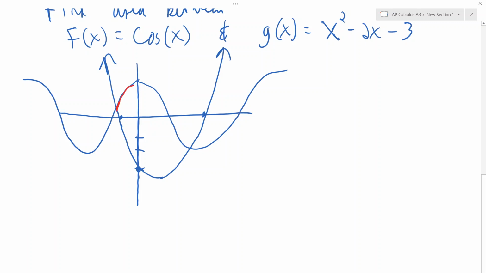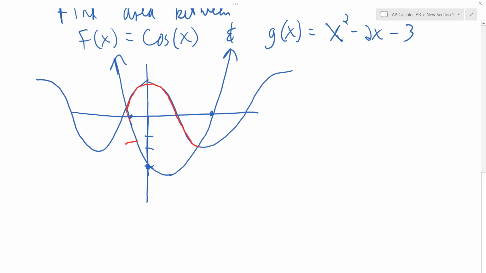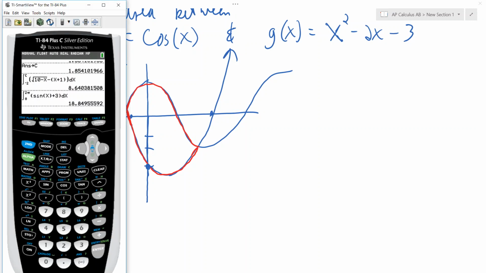So the shape we want is right there. On a calculator, since we're going to have to graph it anyway, I'm going to graph cosine x, and I'm going to graph the other function, x squared minus 2x minus 3.